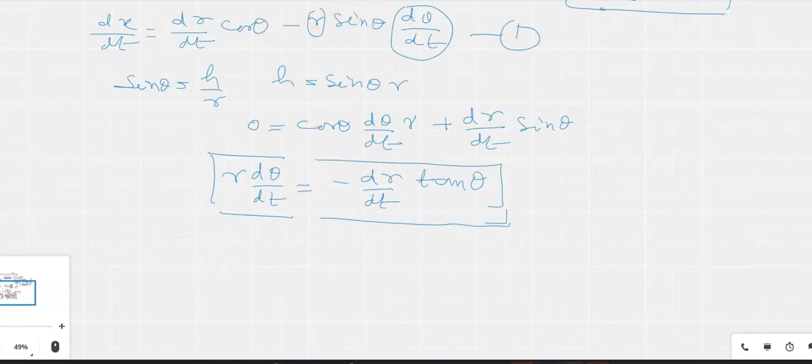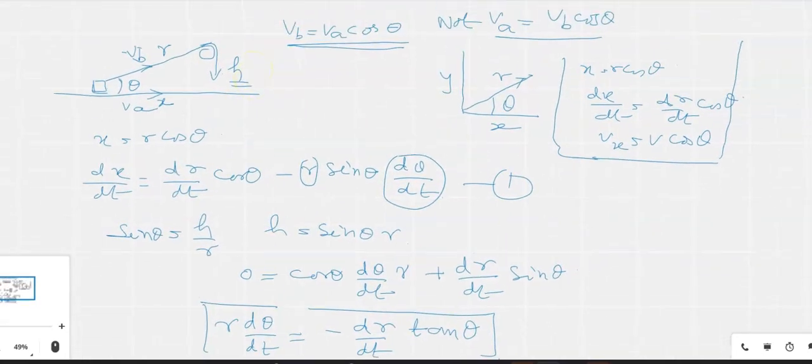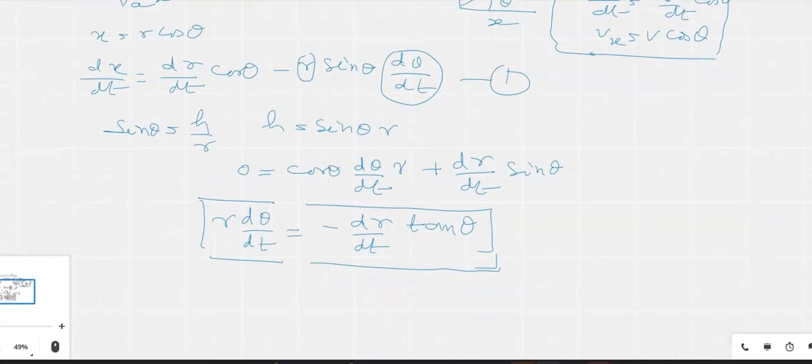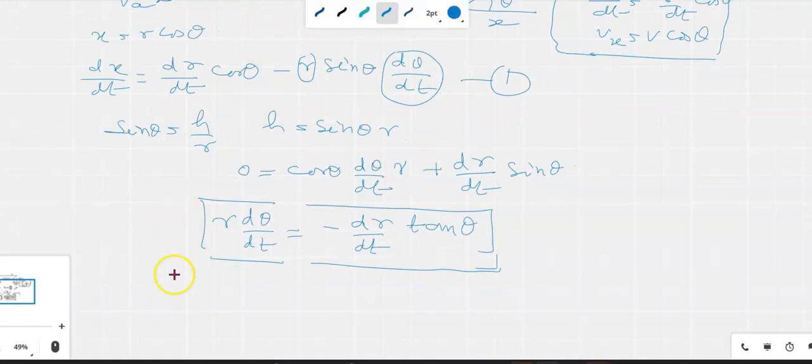And this gives us dx by dt. Dx by dt, now we can say it is nothing but, let us see what we are calling it, we are calling it VA, right? Dx by dt is VA is equal to, here we have dr by dt, which is VB, then we have cos theta.